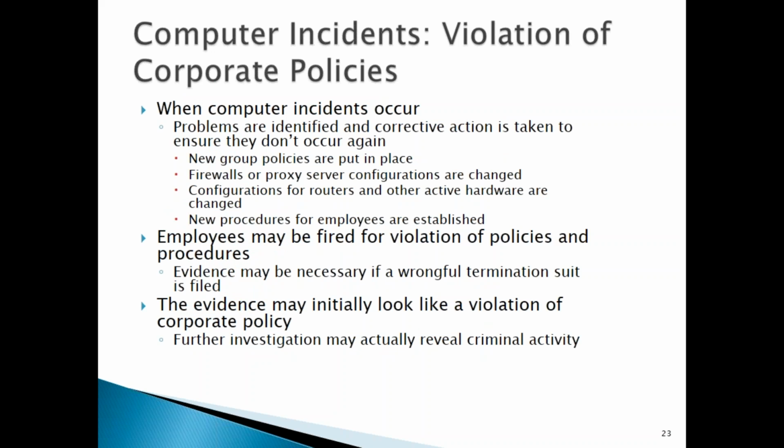So when violations occur, we identify them and take corrective action, right? Is it a policy issue? Do we have a policy in place or do we need a new policy? When we call this type of thing, it's management of our risk, right? We talked about this before. We have two methods we can deploy against risk: policies and procedures, or technology.